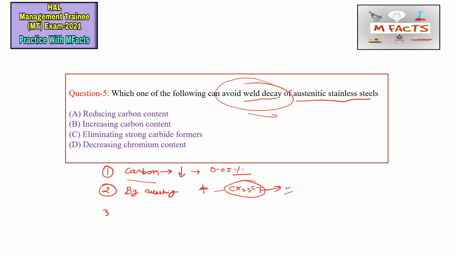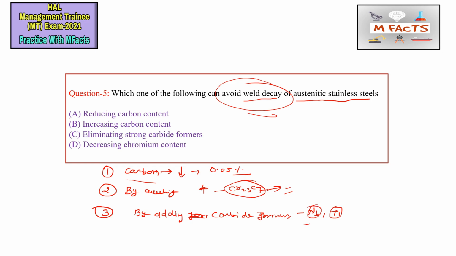The third way is by adding carbide formers. Basically these are niobium and titanium in this type of steel.